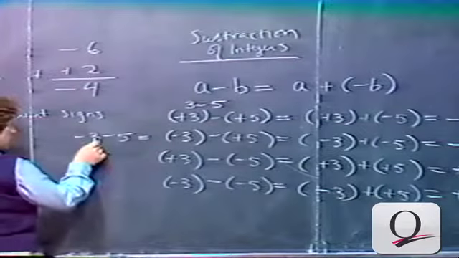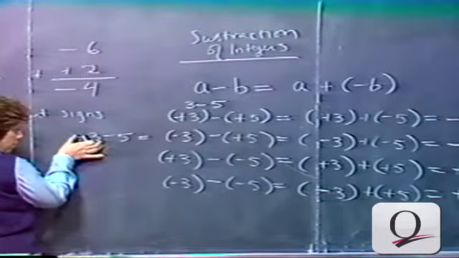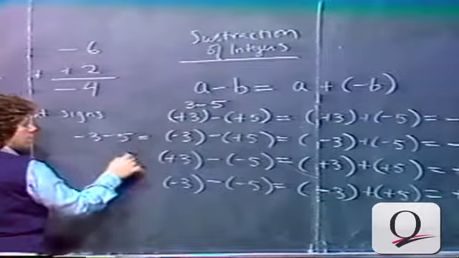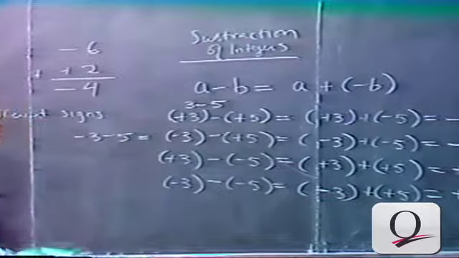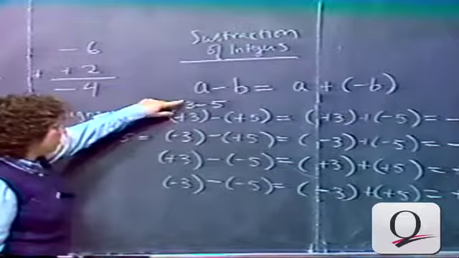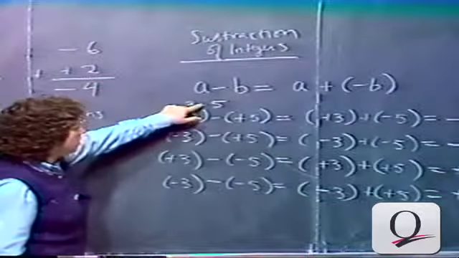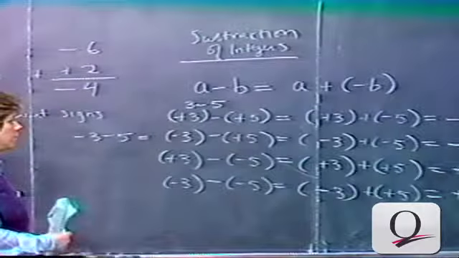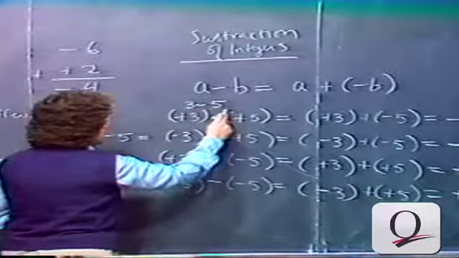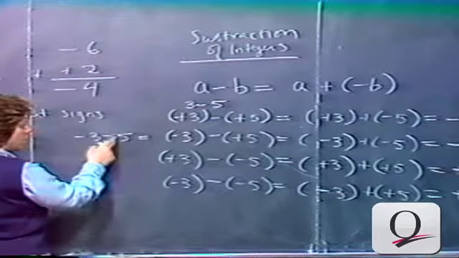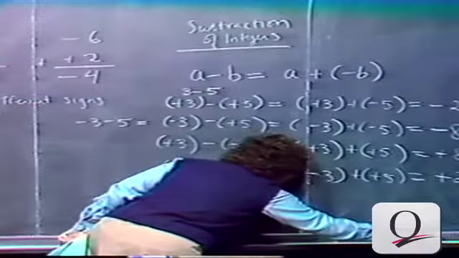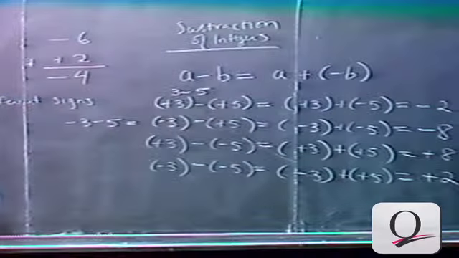This minus must refer to a minus 3 here. This indicates a subtraction, and the number 5, we've omitted the sign because it was a positive number. Similarly, over here, this must be a plus 3, take away a plus 5. If we don't see a sign, we will assume the sign is positive. Plus 3, take away plus 5, minus 3, take away a plus 5. And in that way, we can cut down on some of the parentheses that we use.